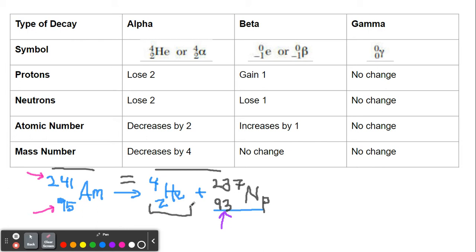So this is for our particles that are too heavy in the nucleus, okay? Because we're talking about protons and neutrons, right? So their nucleus is just too heavy. They need to lose some weight in order to stabilize and then get back to normal. So they lose this alpha particle or this helium atom, and then they convert into something new.